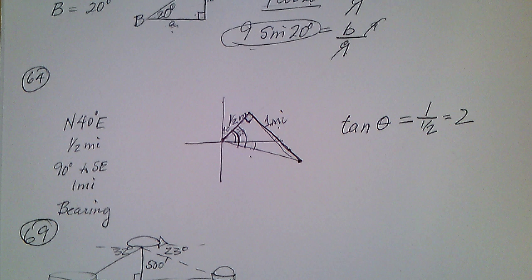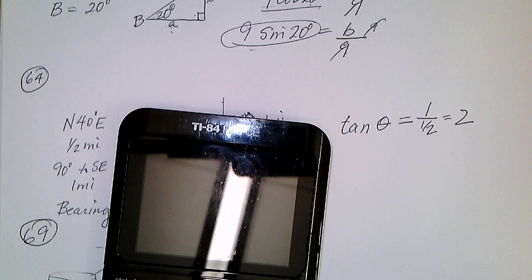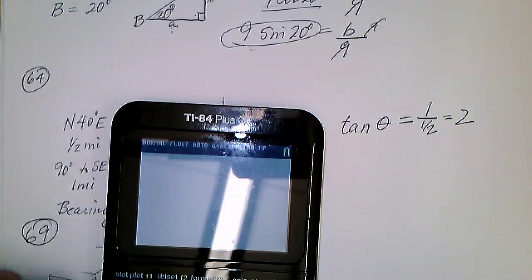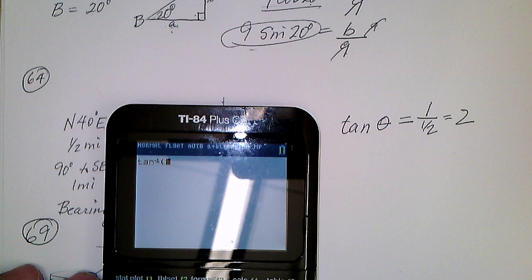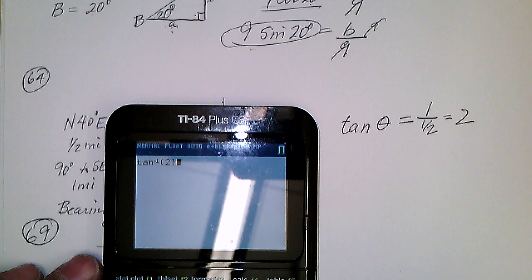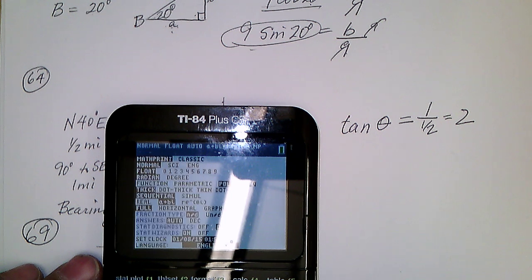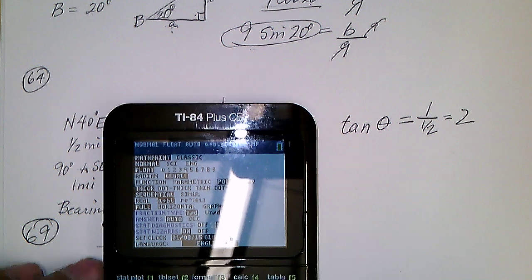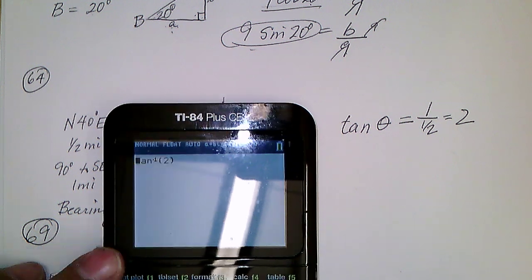So we'd go to our calculator and take the tangent inverse of both sides. Tangent inverse of 2, and let's see what I'm going to get. My mode is in radians. Let's change it to degrees, and then I'll go back and find that tangent.